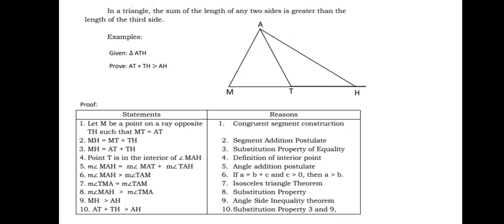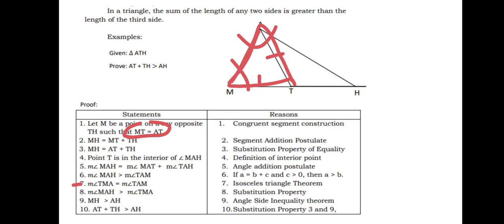Next is number 7. TMA is equal to TAM. Because it's already established that MT is congruent to AT, and that makes this triangle an isosceles triangle.